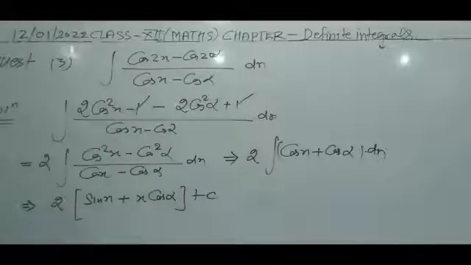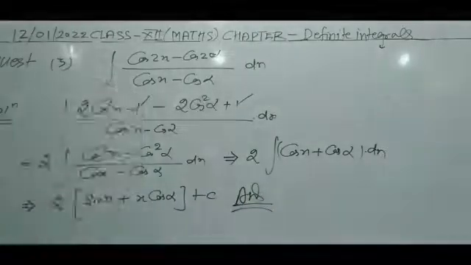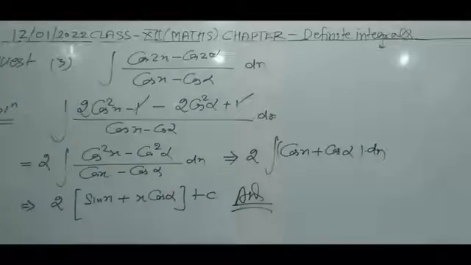So see, this is the answer: 2 times sin x plus x cos alpha, plus c. This is the answer. Now this question is completed. Now I will come to the next question.